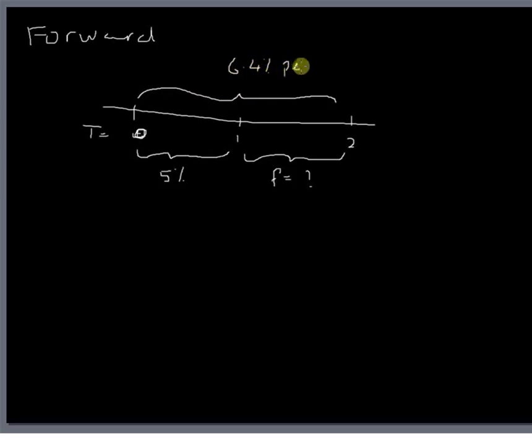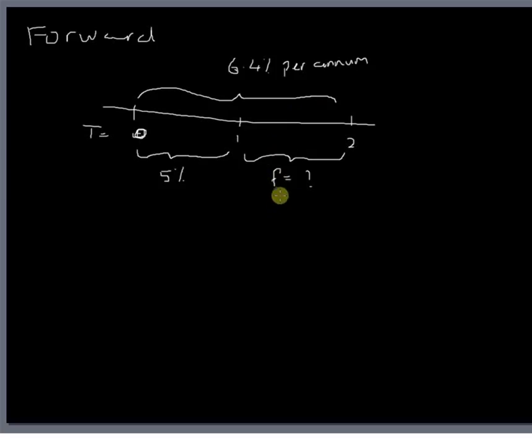Remember, when we talk about interest rate, we should always quote them on a per annum basis. So 6.4% for 2 years, what is the effective rate? It should be 1.064 squared.